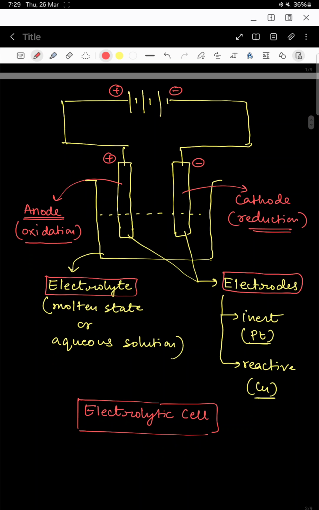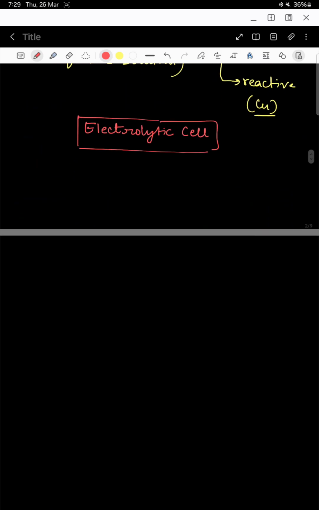Now when electricity is passed through this electrolytic solution, the process is called electrolysis.